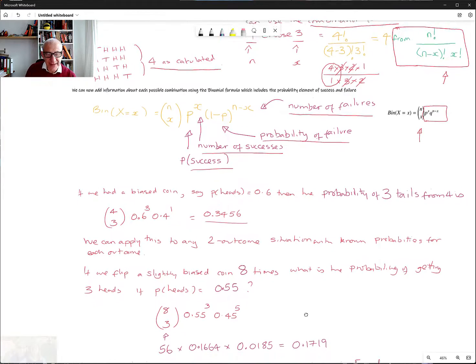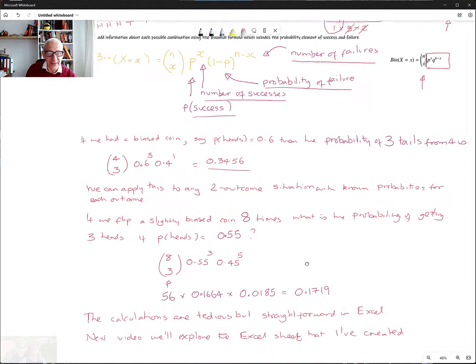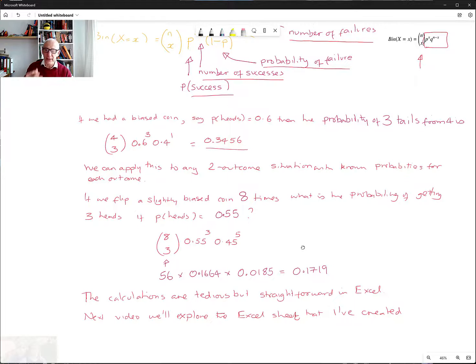So now to bring in the element that I mentioned there, that going down one route or the other doesn't have to be the same on both sides. If we imagine that we had a biased coin, say the probability of getting heads is 0.6, then the probability of 3 tails from 4 is like this. 4 choose 3, that's the number of combinations.